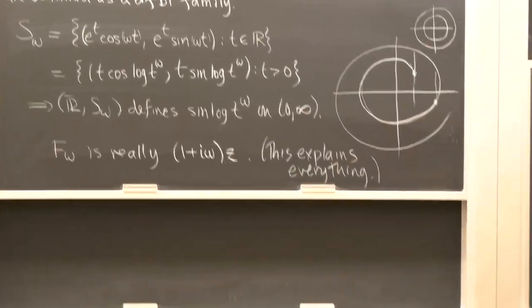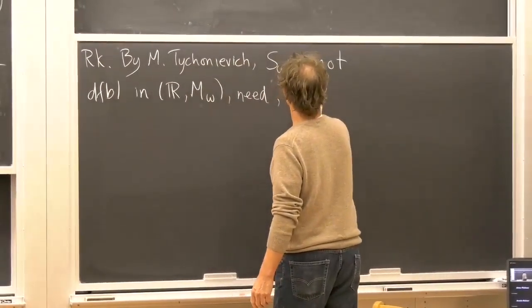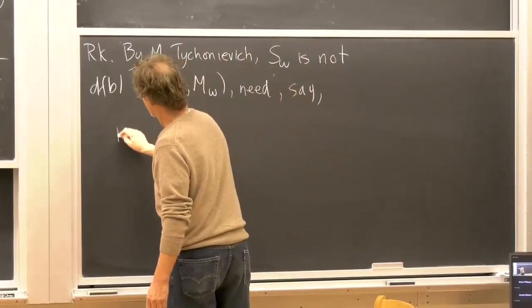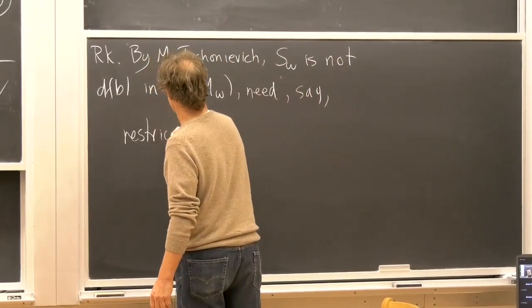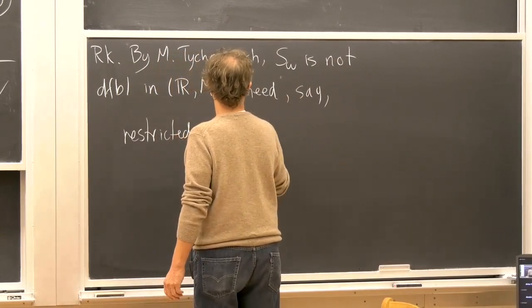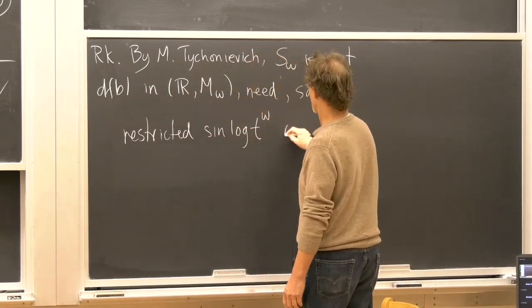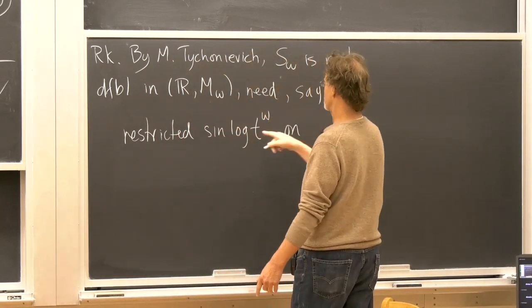We need, say, restricted sine log t omega. I don't know, say on, you pick, 1 to 2 is still, yeah.